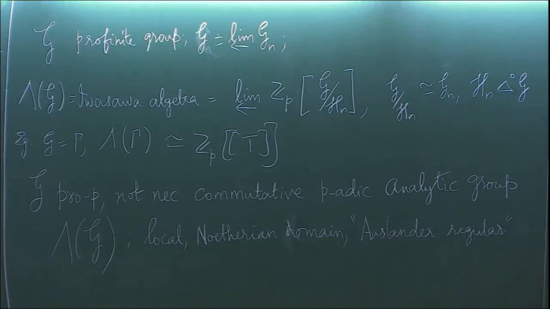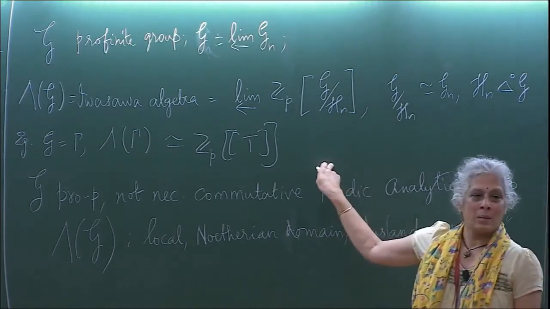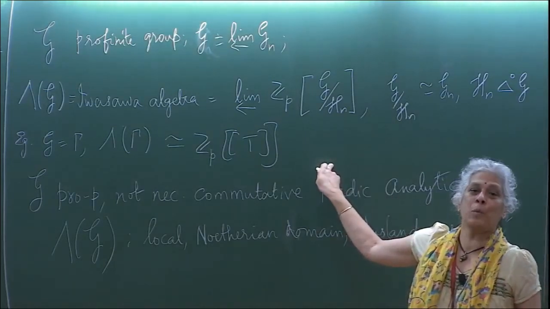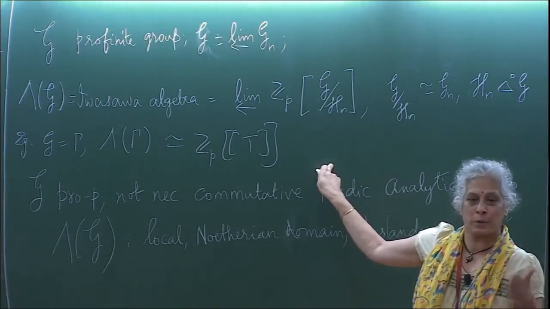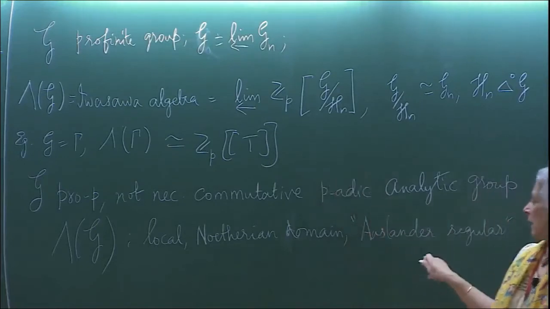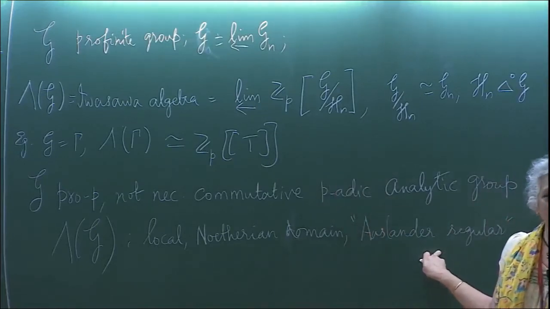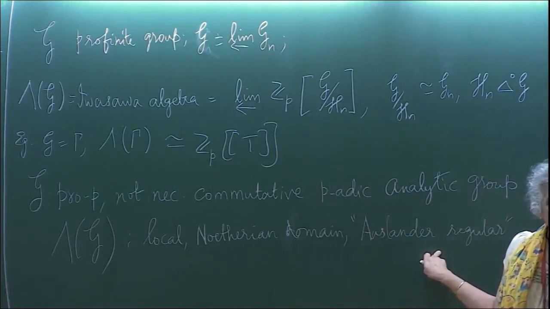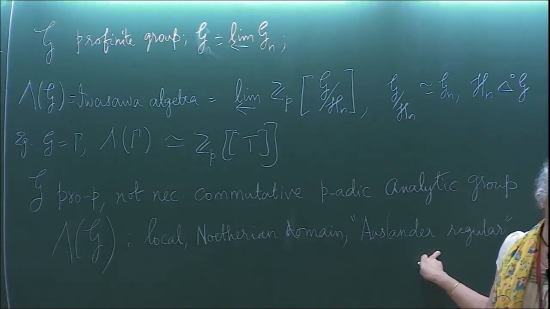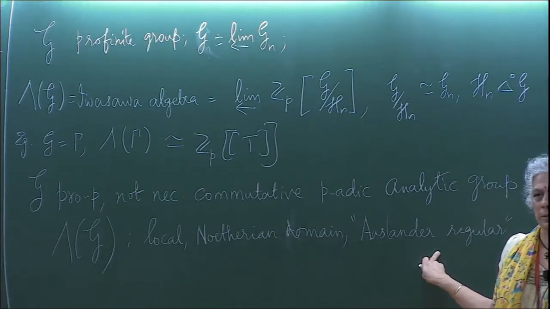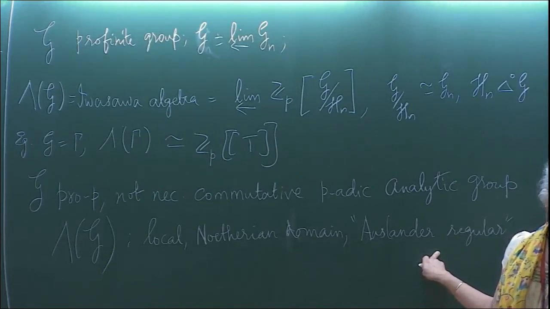And what is the characterization of regular local rings? Every finitely generated module over a regular local ring has finite projective dimension. Now the same thing is true here. So you can do homological algebra here, and you get a corresponding dimension theory over these non-commutative rings. And when I say modules over these non-commutative rings, I'll always mean left modules. So you have a dimension theory.